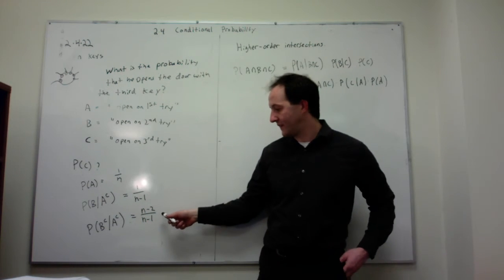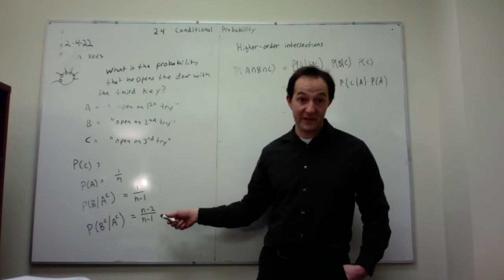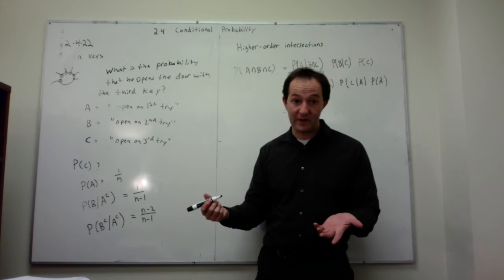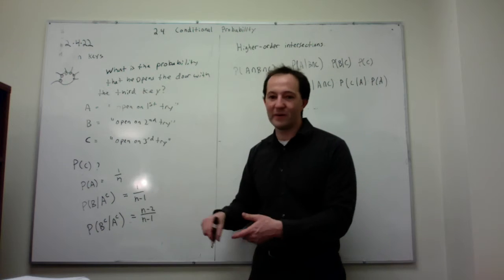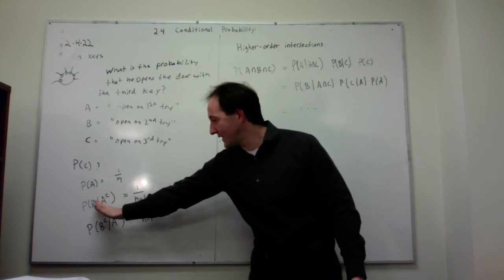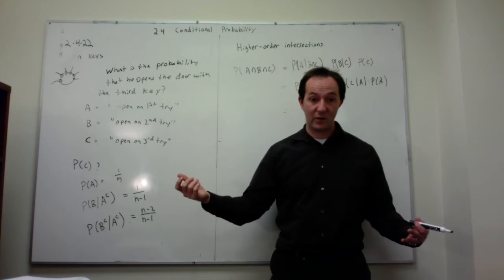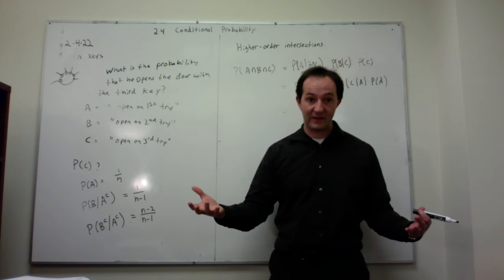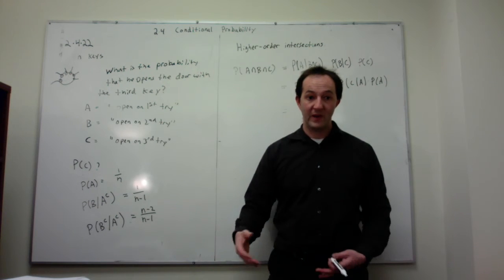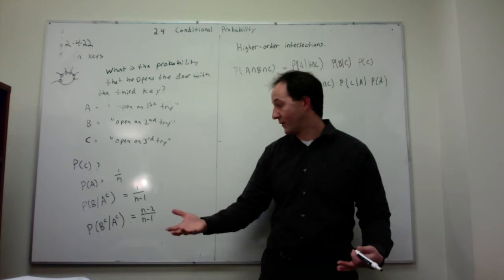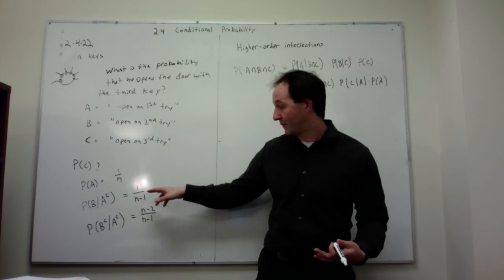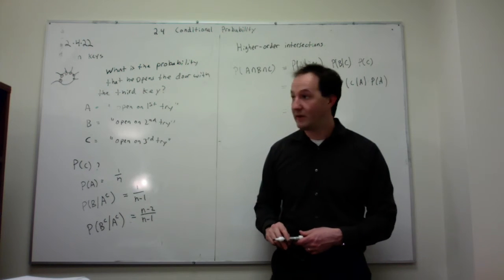The reason is that he has n minus 2 keys that don't open the door. Another way of saying it is, once we've conditioned on the first try not working, he has n minus 1 keys to choose from. N minus 2 of them do not open the door, so that's this probability. One of them does, so that's this probability.